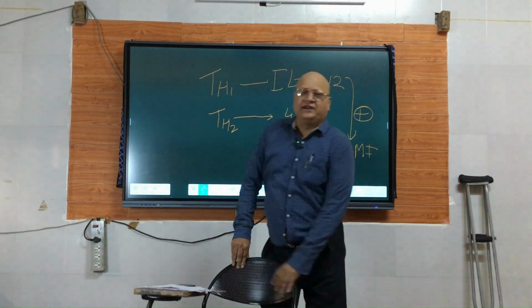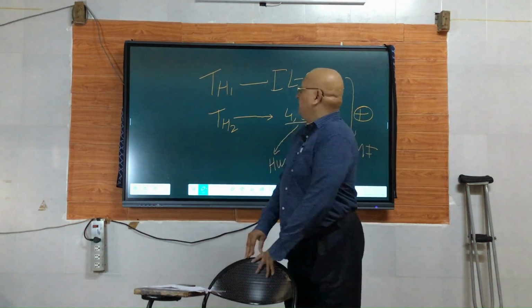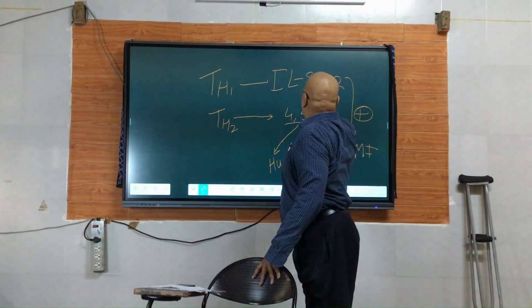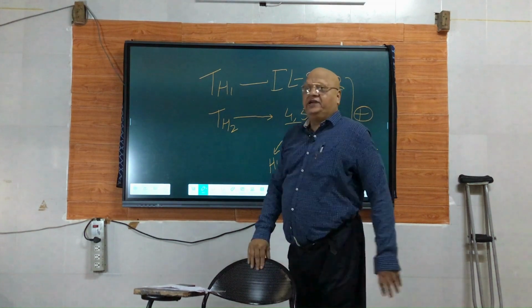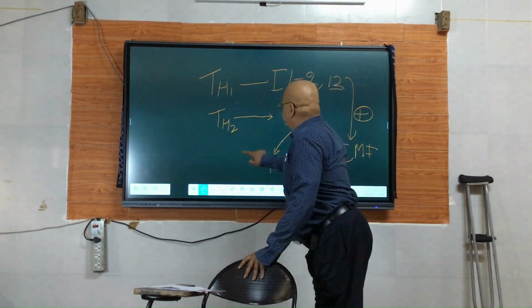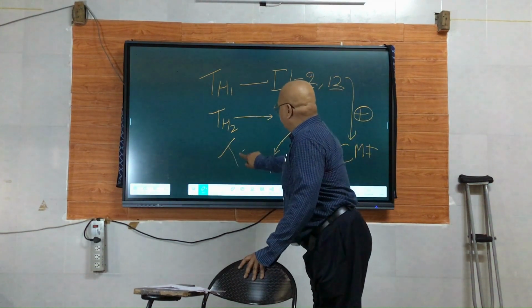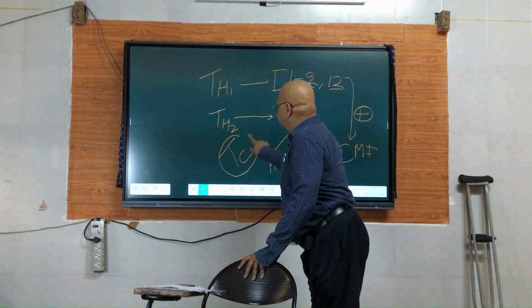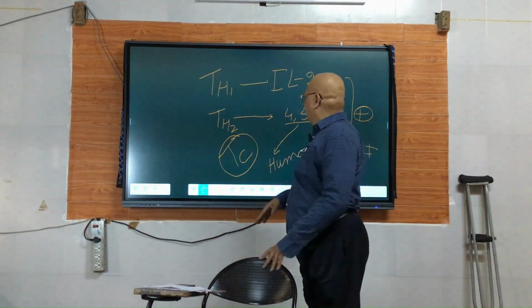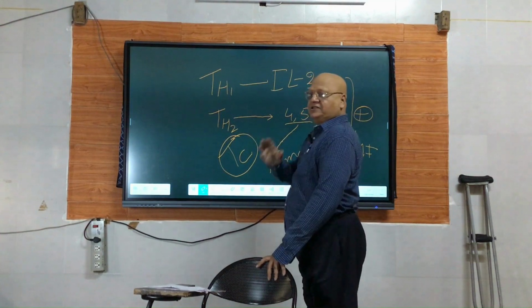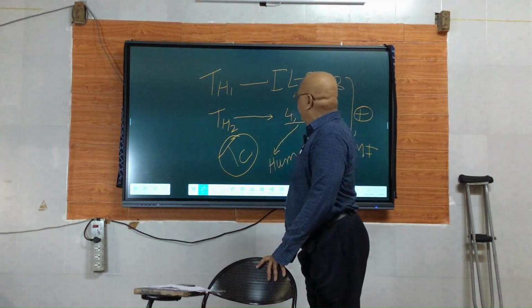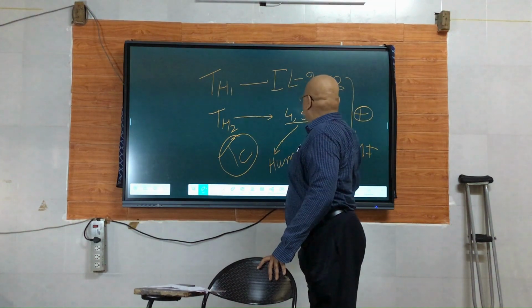So it is mediated by the T cytotoxic cell. Under the influence of interleukin 2 and 12, there is a burst in proliferation and activity of the T cytotoxic cells, as a result of which they are able to take care of the intracellular pathogen.